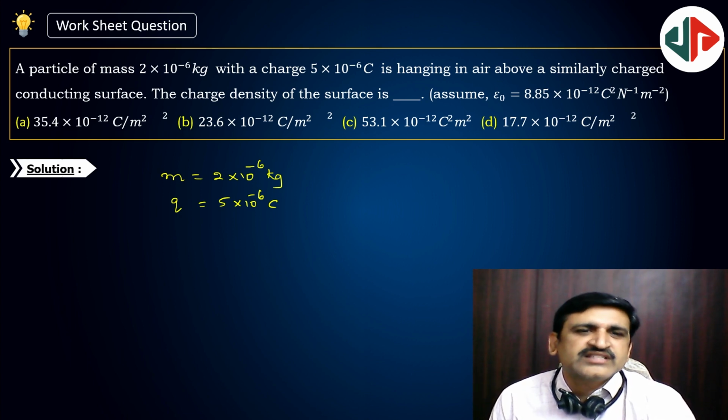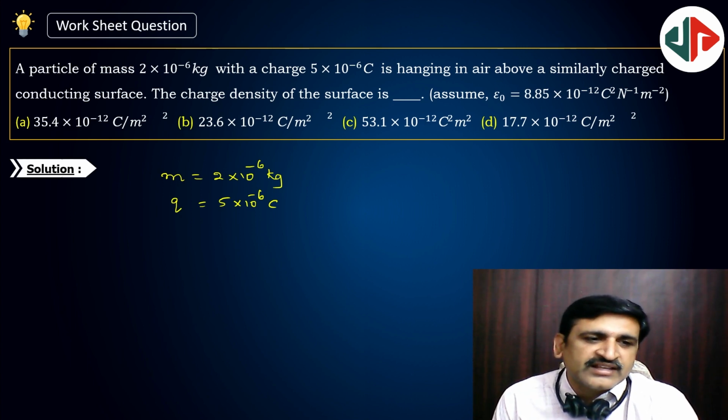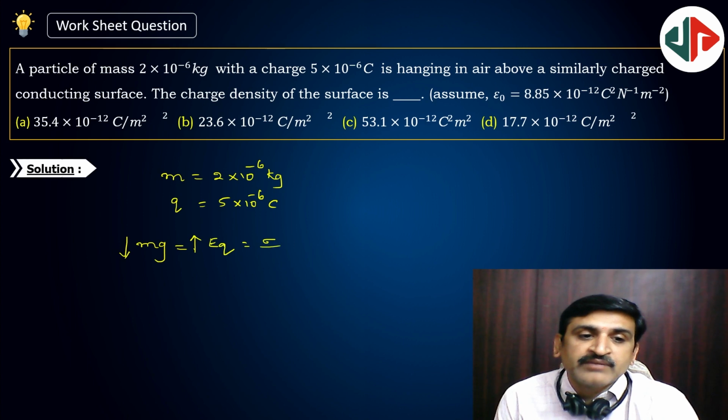Similarly charged means this is positive, that is also positive. So mg, the downward force, is balanced by the upward force due to field, that is Eq, equal to sigma by 2 epsilon naught into q. So he is asking this sigma.